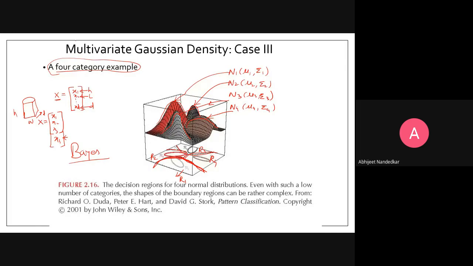In that case, we call this problem a multivariate problem. Then we assume that this data is distributed in normal or Gaussian form, and we try to fit normal distribution curves on this data. So this is multivariate.